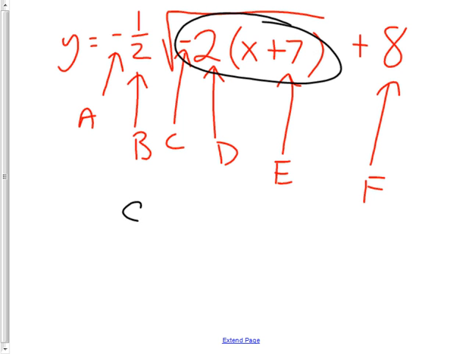And so it's C, and then D, and then E. Then stuff on the outside is the A and the B and the F, but what order? Stretch before you flip. So B, A, F. C, D, E, B, A, F.